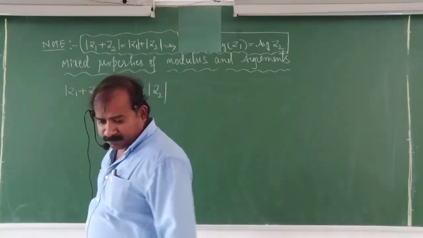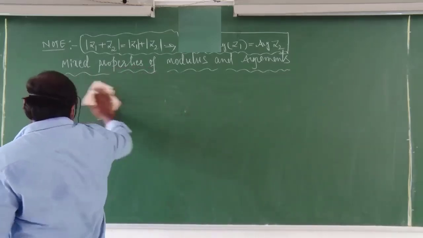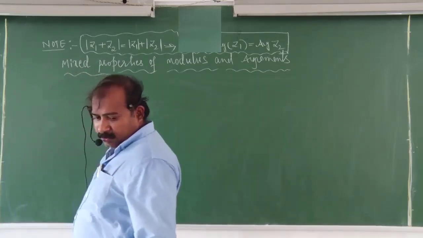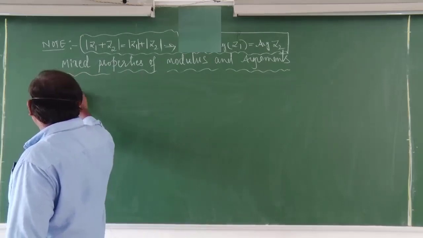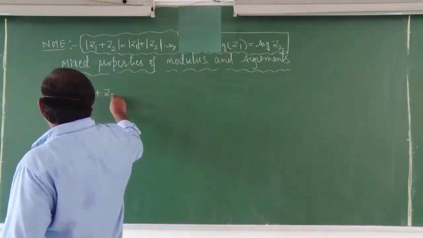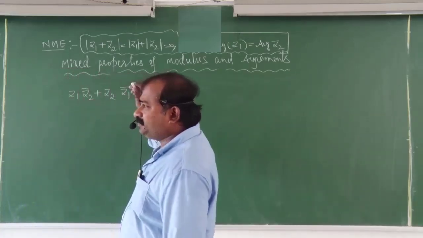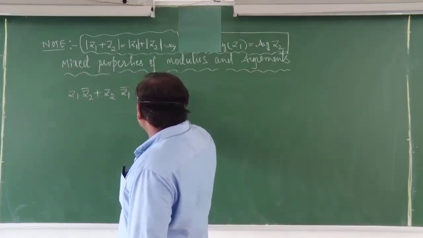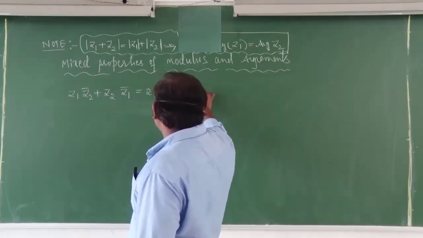Same thing here also. While entering into this one, maybe in the previous proof, there you will get z1 z2 conjugate plus z2 z1 conjugate equals 2 into mod z1 into mod z2 into cos theta.